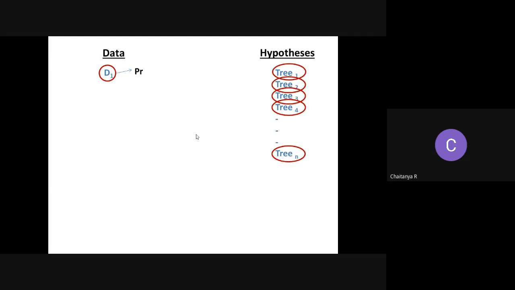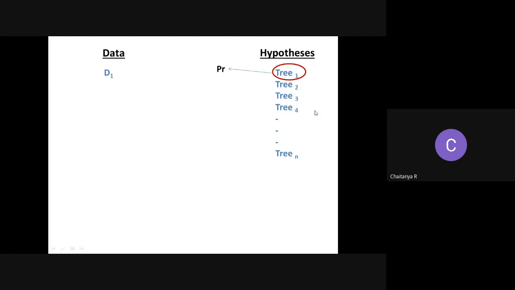Okay. So likelihood, therefore, is the probability of the data given the hypothesis, or probability of D given H, as you see here. That's how it's represented mathematically. On the other hand, in the Bayesian approach, given the data, we are trying to find out the probability that tree 1 is correct.